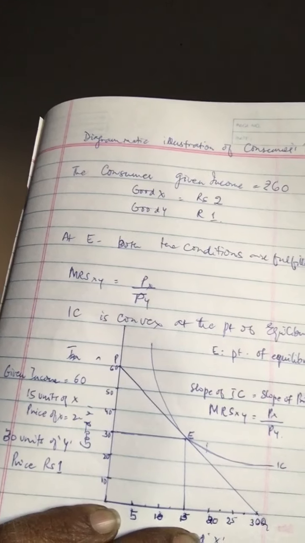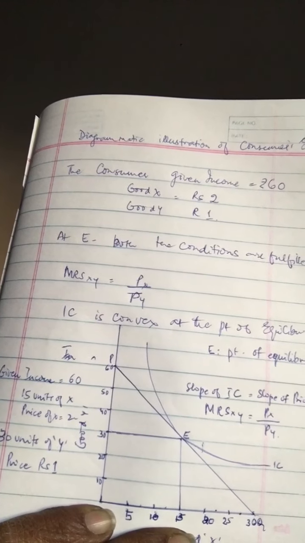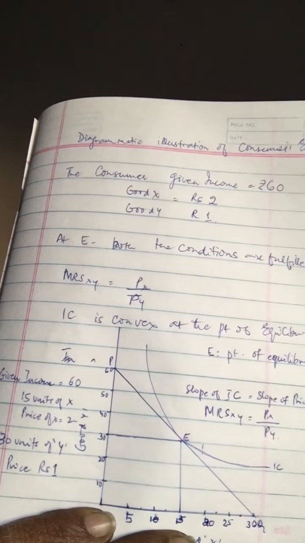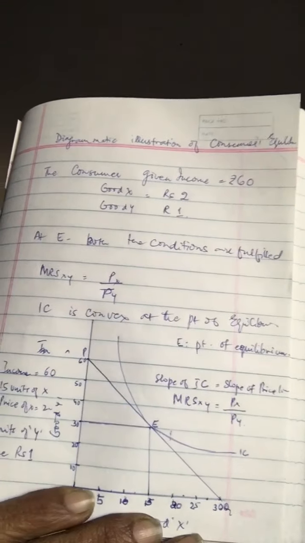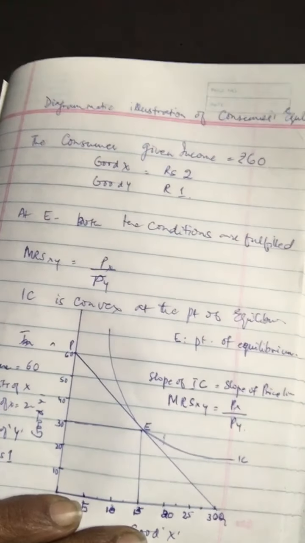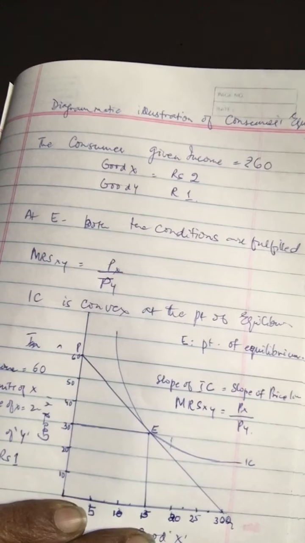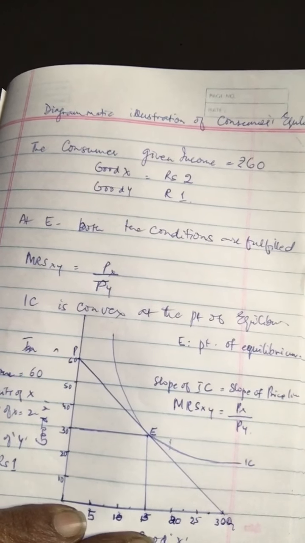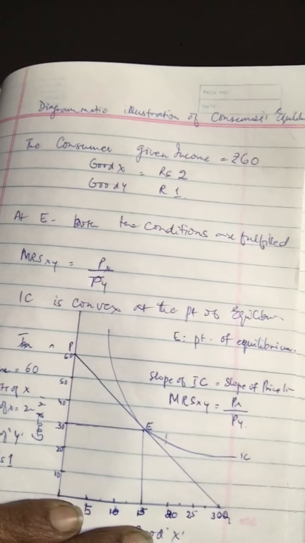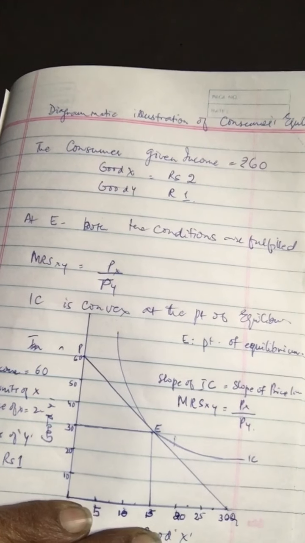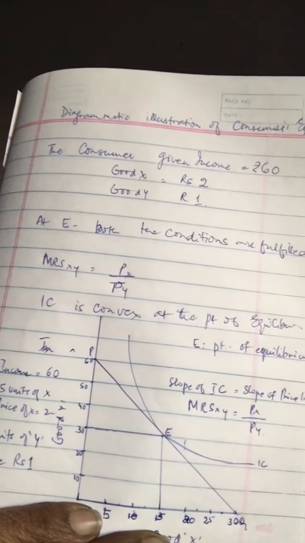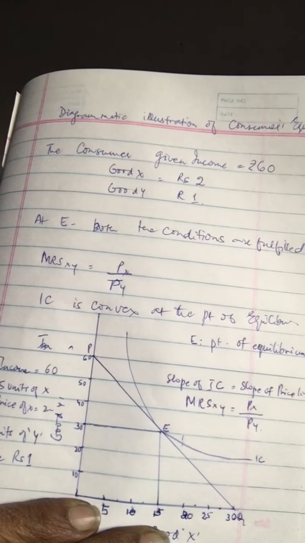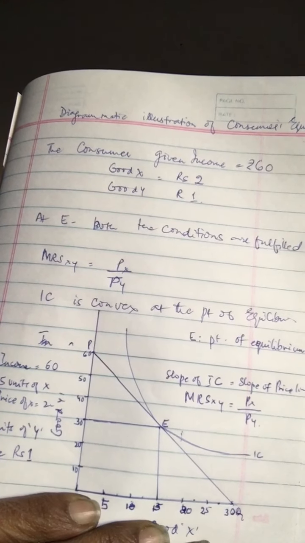Now he is spending his given income, that is rupees 60, on good X and good Y and maximizing his satisfaction. So as you can see in the diagram, this is the optimum allocation of his expenditure. Now any departure from this would only lower the level of satisfaction. So both the conditions are fulfilled here.